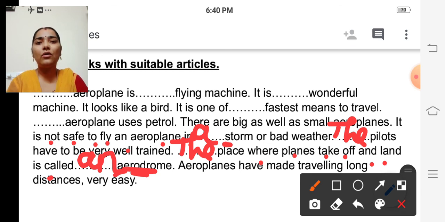And when we talk about a particular place, thing or person, we use the article the. Is it clear, children?